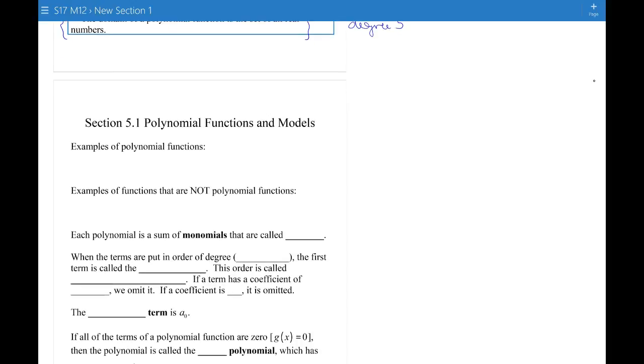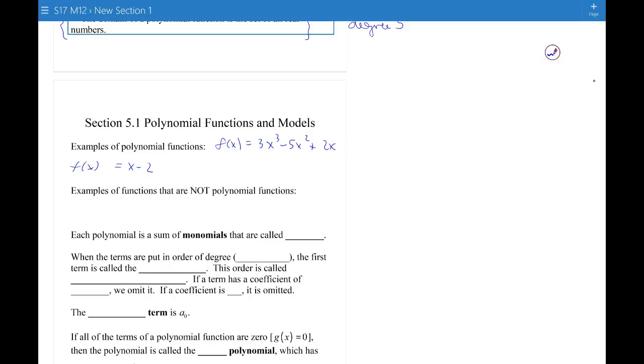So here are some examples of polynomial functions. f of x equals 3x cubed minus 5x squared plus 2x. It doesn't have to have a constant, right? You could have f of x equals x minus 2. That's a really simple polynomial, but it's a polynomial.